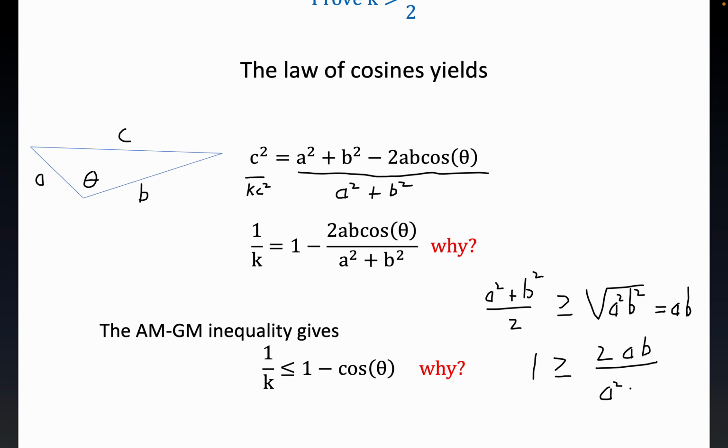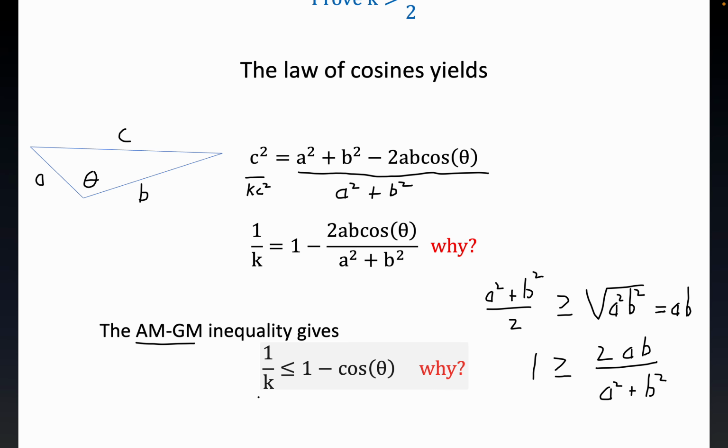So we have another inequality. This all holds because the AM-GM holds for positive values, and we're talking about positive values, the sides of a triangle. You can certainly see how this truth that follows from the AM-GM inequality is what makes this piece go away.